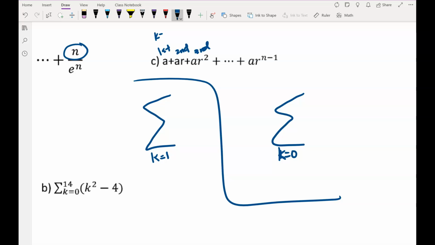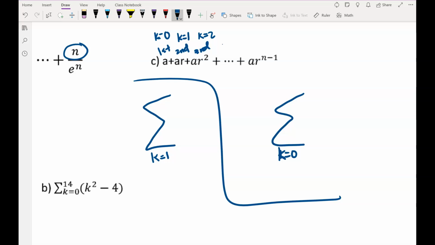When k equals 0, on the right side I have a, okay? Now when k is 1, I have a times r. When k is 2, which is my third term, I have a r squared, and so on.